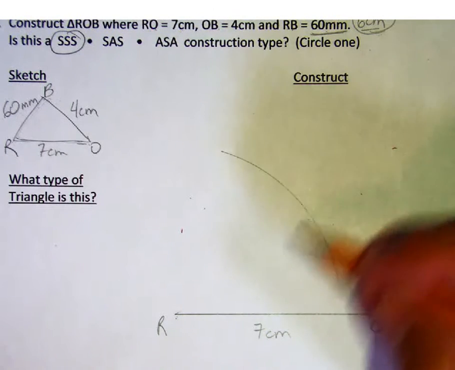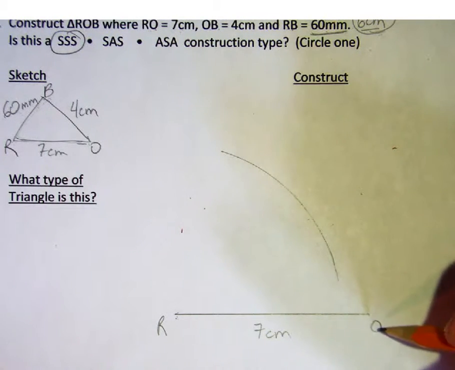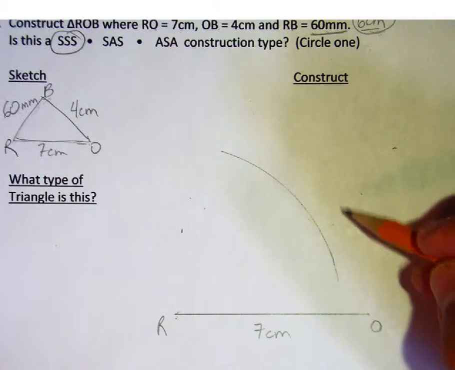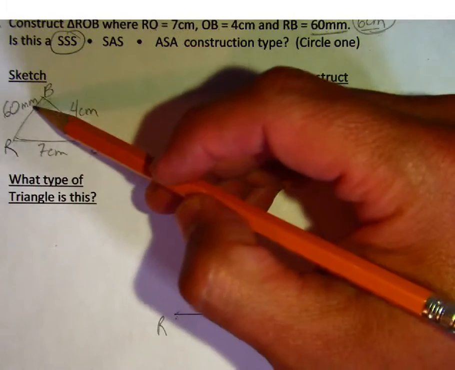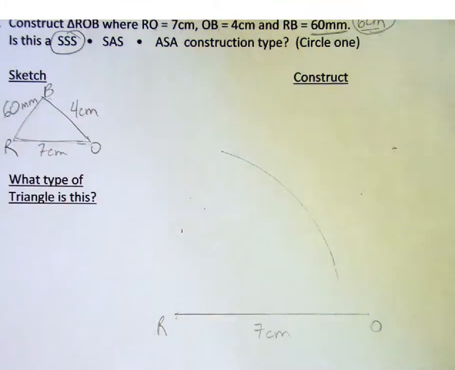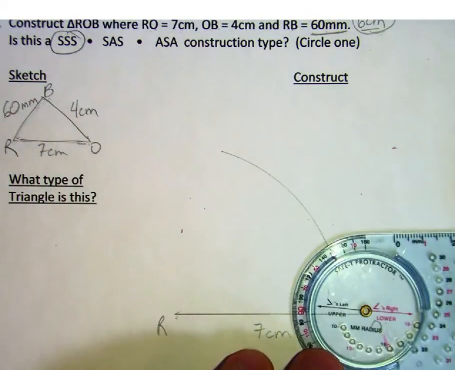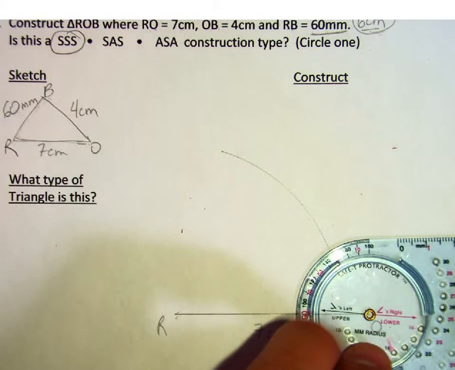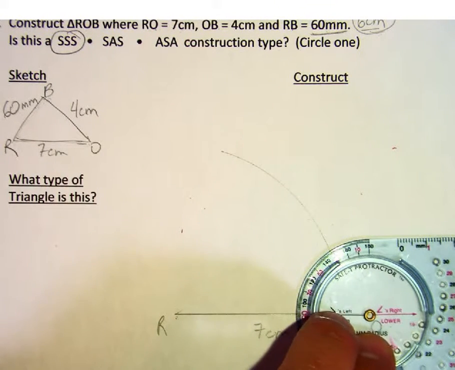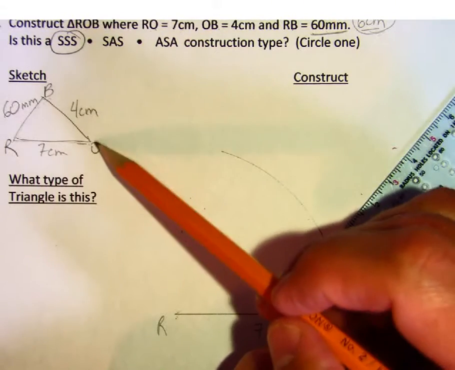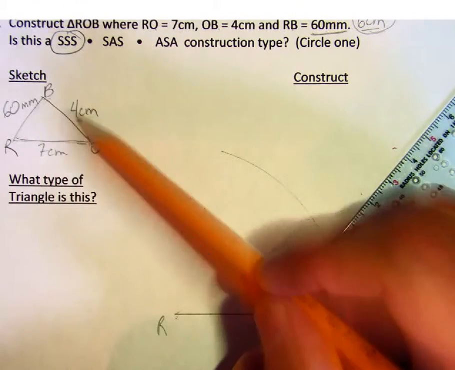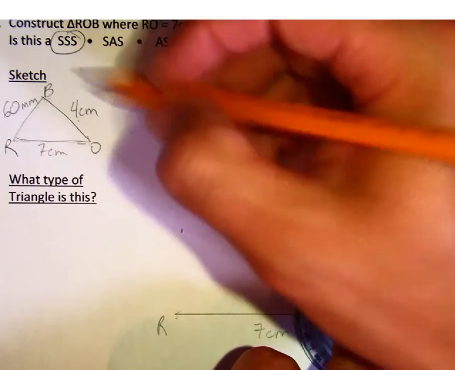So if I draw another arc that's 4 centimeters away from O, I'll find the exact spot that's 60 millimeters from R and 4 centimeters from O. So this time I'm going to put my compass down at the other end of the line, where O is, and I'm going to describe an arc that's 4 centimeters, or 40 millimeters.